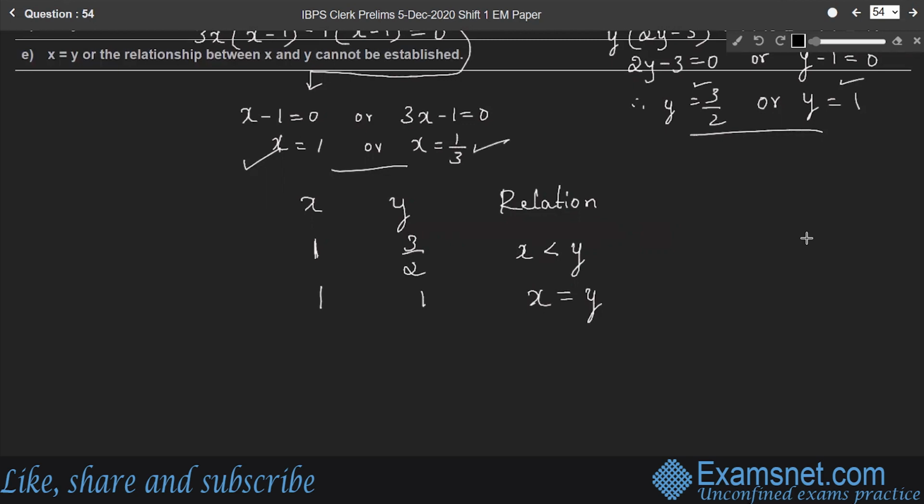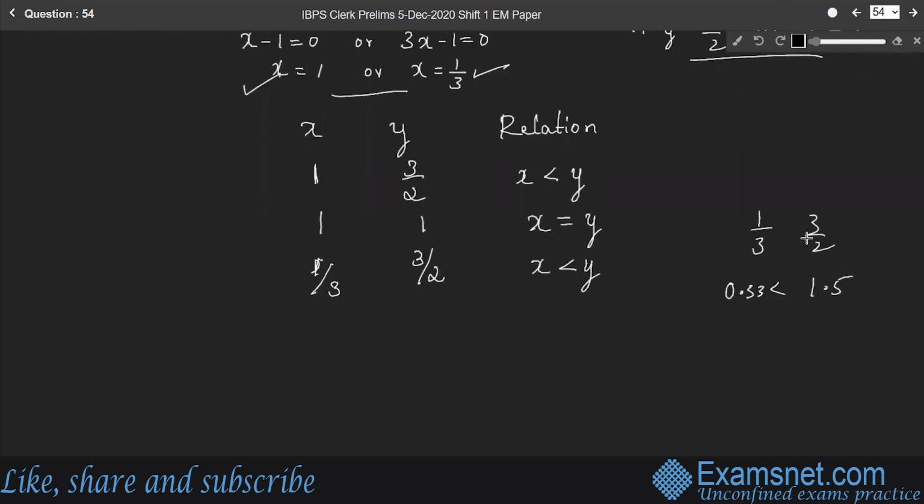Next, take the value of x as 1 by 3 and the value of y as 3 by 2. So 1 by 3 and 3 by 2, which is greater here? 1 by 3 is 0.33 and 3 by 2 is 1.5. So 1 by 3 is less than 1.5. Therefore, x is less than y.